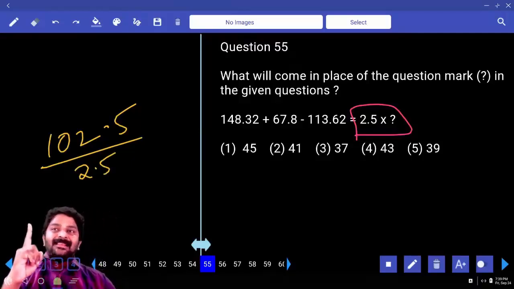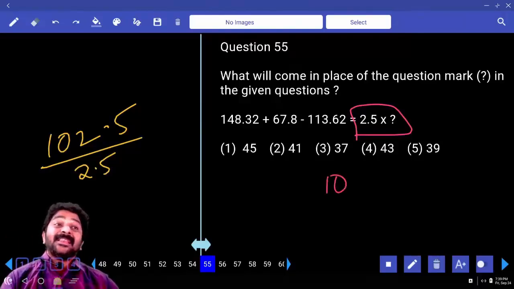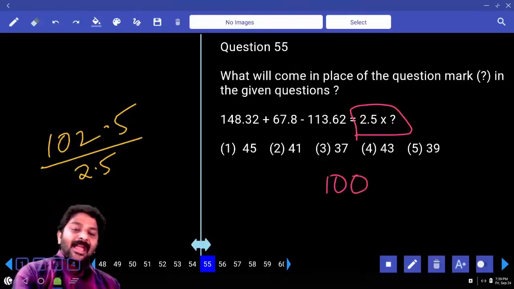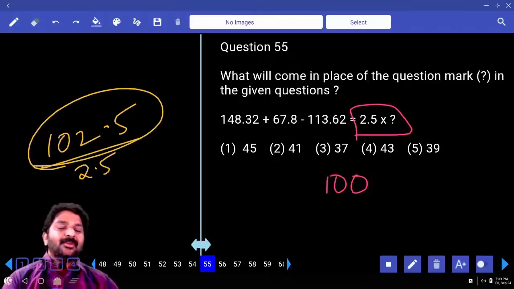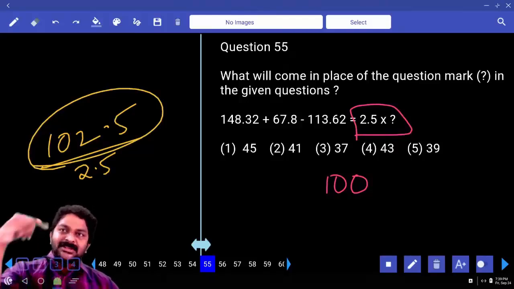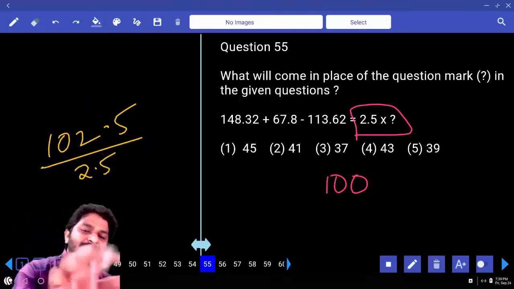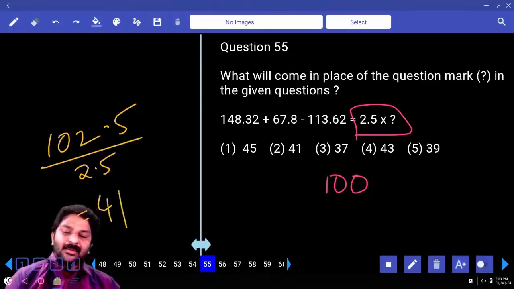In 110, how many 2.5s will be there? Among 10, how many 2.5s will be there? In 100? 40. Apart from 100, how much more we have in numerator? 2.5. That means one more time. 40 times plus one more time. 41 times. Followed?